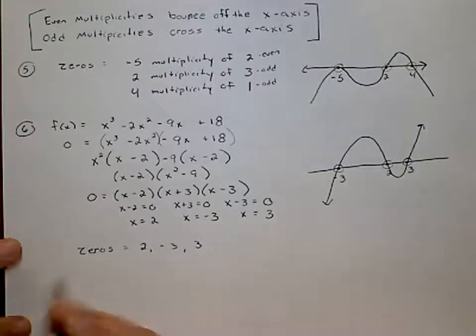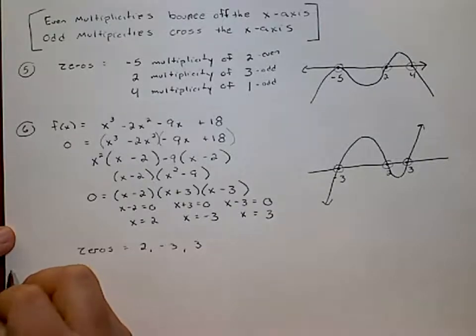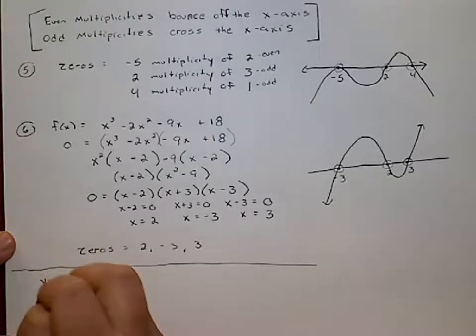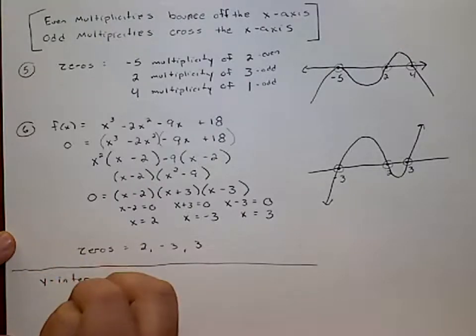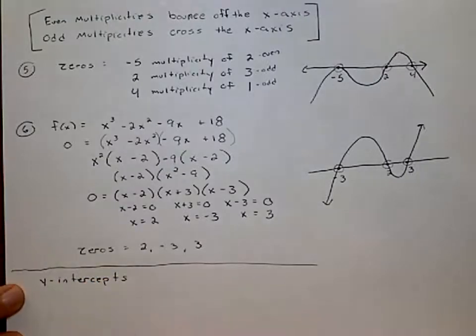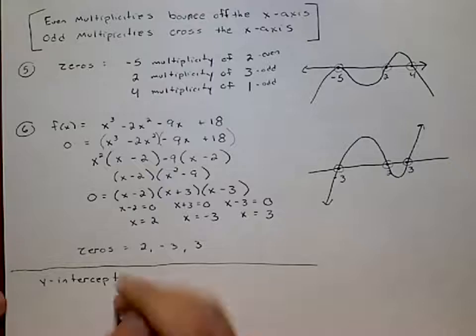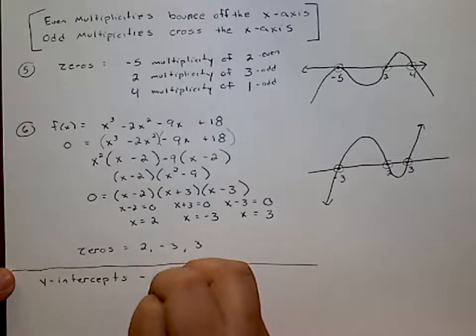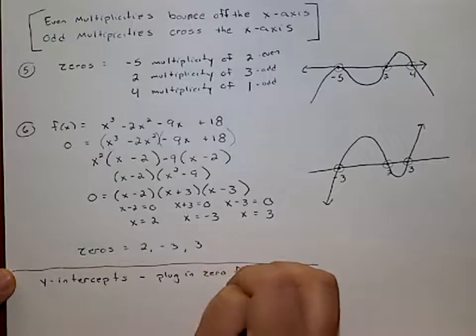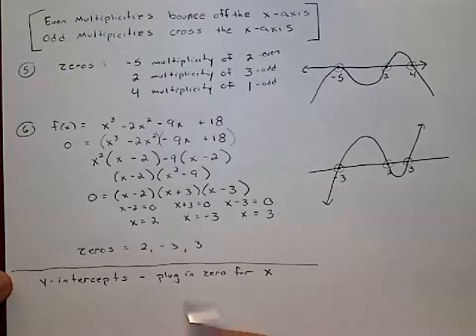Actually, I'm just going to tell you one quick little fact, right? The next thing we're going to talk about is how to find y-intercepts. Okay. Now, you could find them 2 ways. You can plug in 0 for x and then get the output, and that would be the y-intercept.